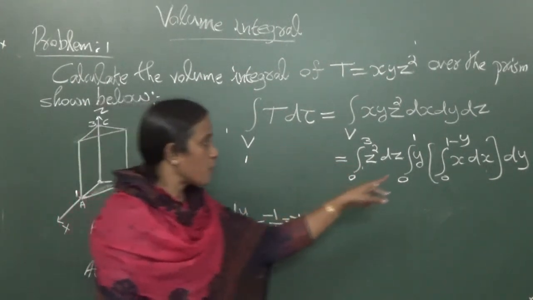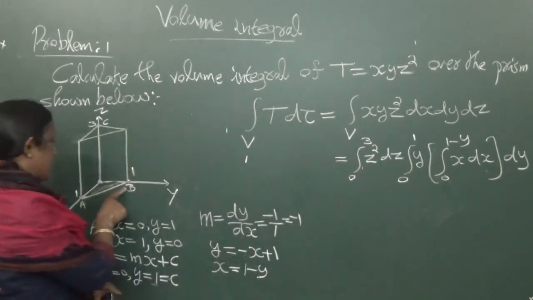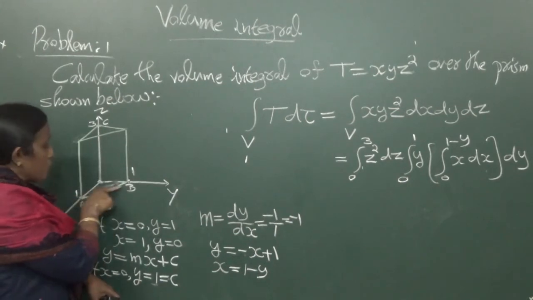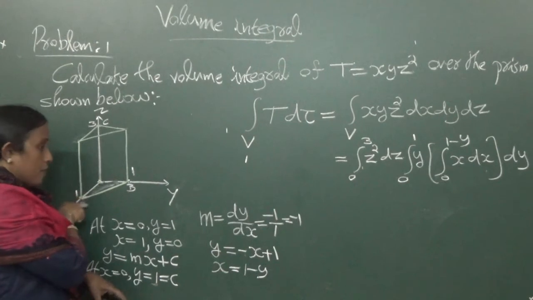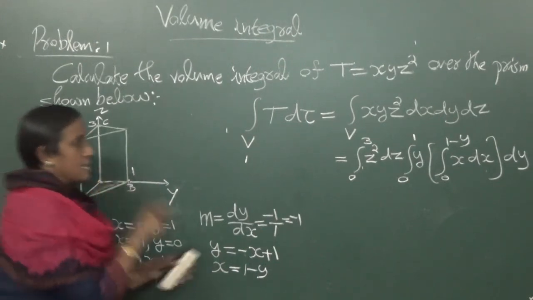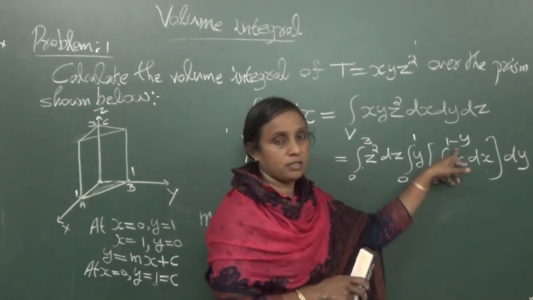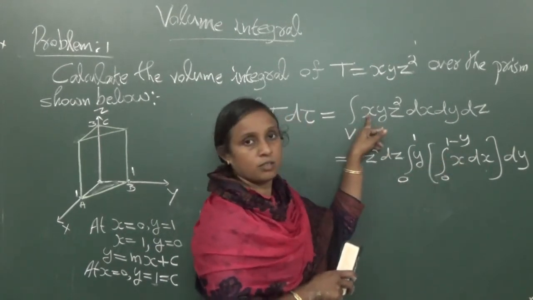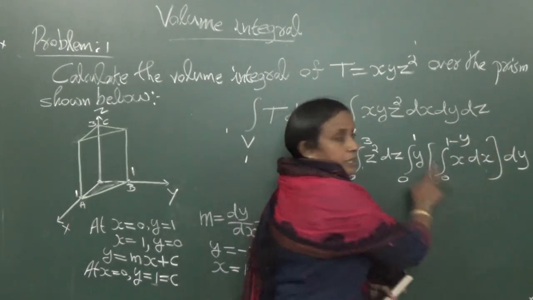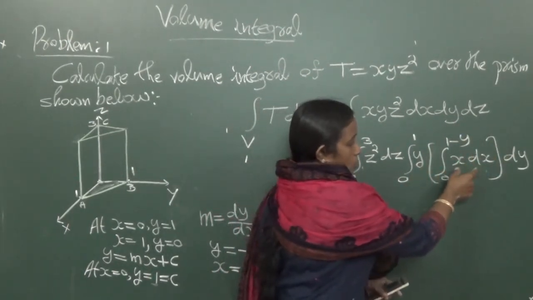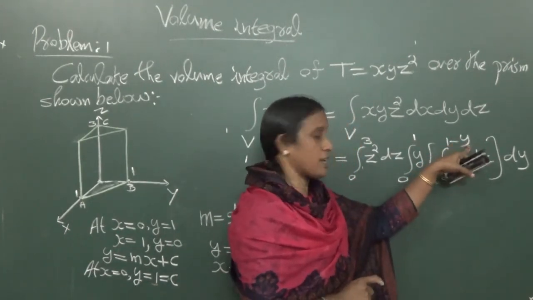That means we integrate x along this straight line, because this is the shape here. That is why its limits are like this, 0 to 1 minus y. This x is from here, x dx. The output of this integration is a function of y.